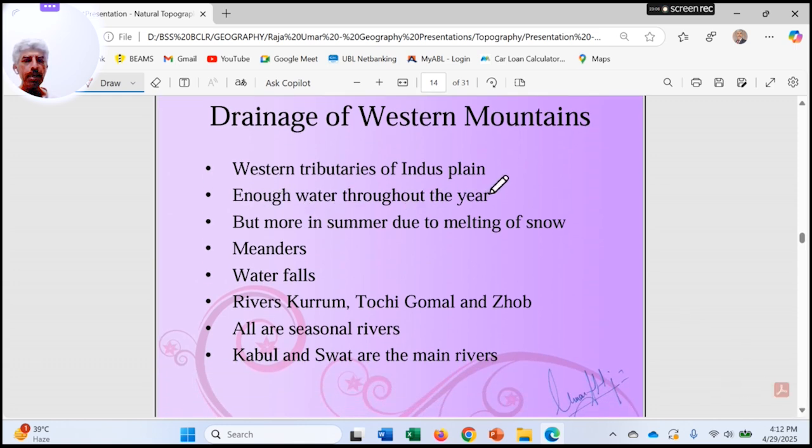Enough water throughout the year, but the major river is river Kabul. The others are smaller seasonal rivers and they do not get much water during summers, as they depend on the rainfall of western depressions which arrives in the region in winters, so that rainfall brings some water to these rivers, but more in summers when the snow melts.